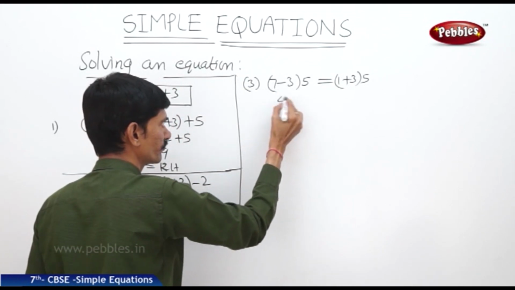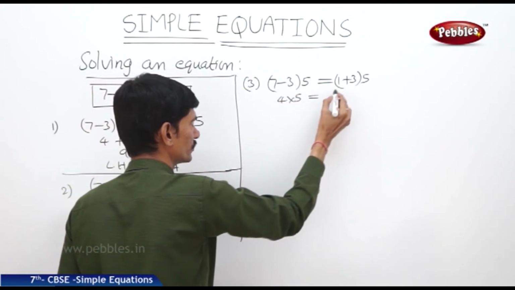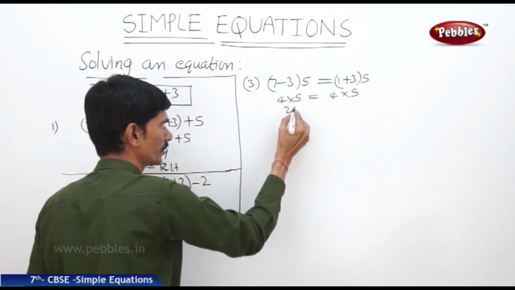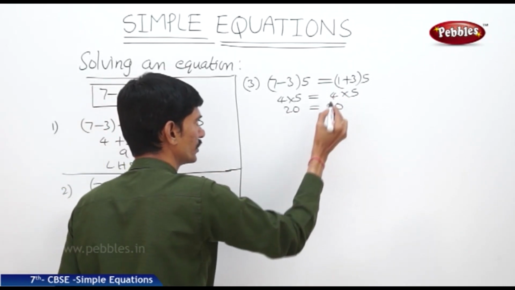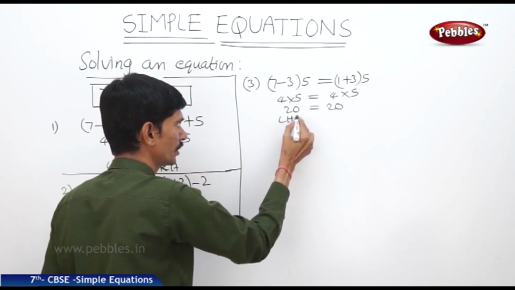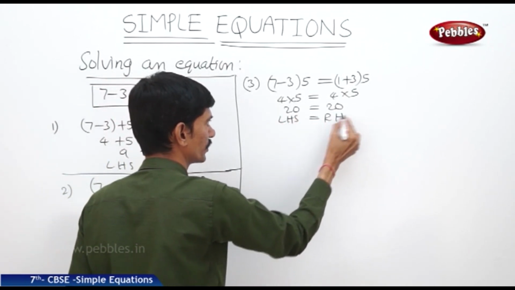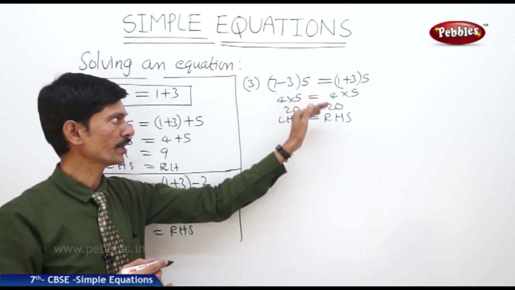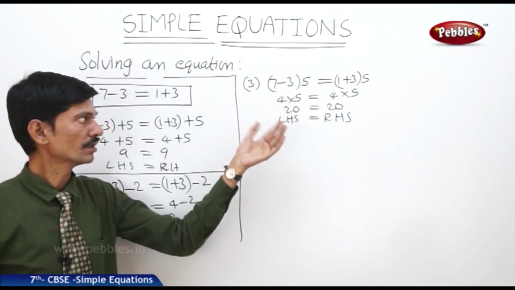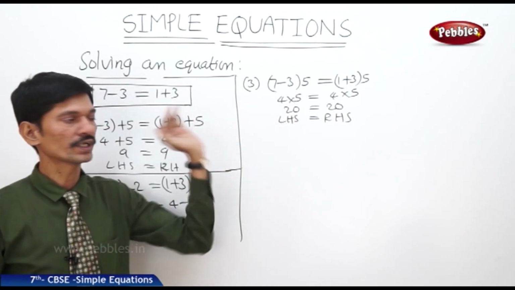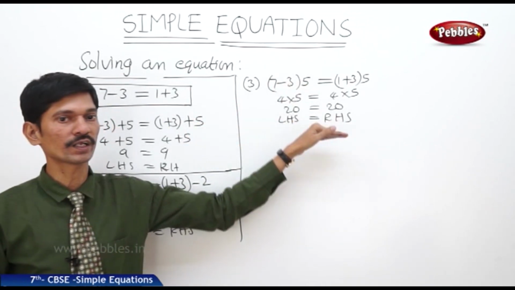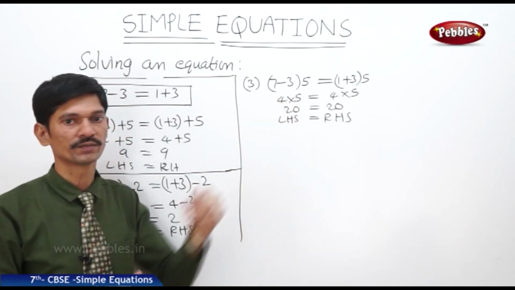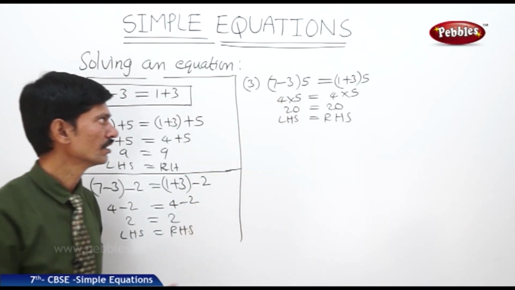So 7 minus 3 is 4 into 5 equals 1 plus 3 is 4 into 5. 4 fives are 20, this equals 4 fives are 20. So here also we got LHS equal to RHS. So if both LHS and RHS are multiplied by the same non-zero number, then we get LHS equal to RHS. So here also the equality remains the same, means still it holds.